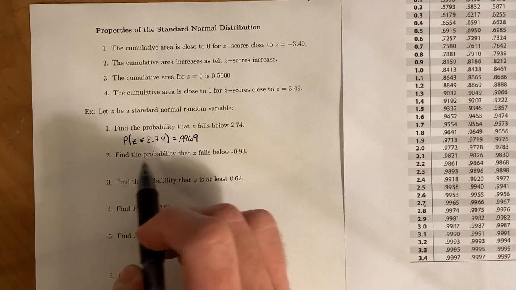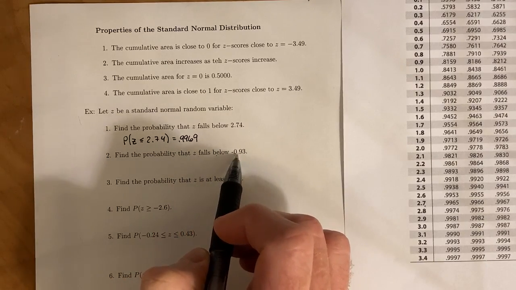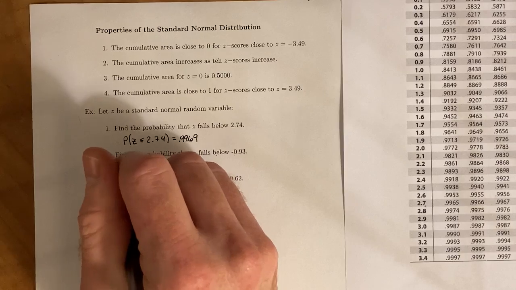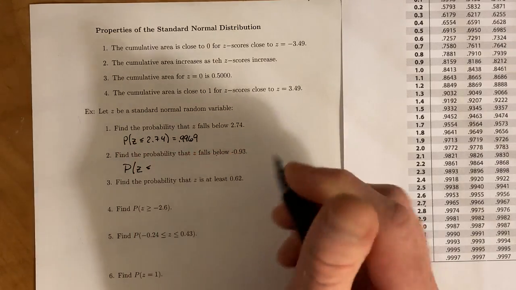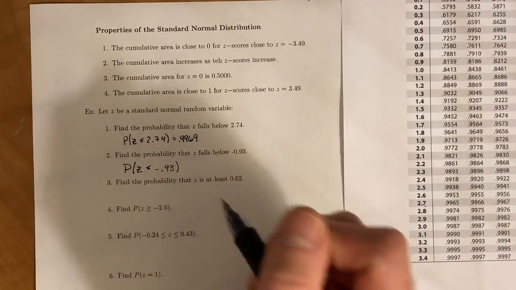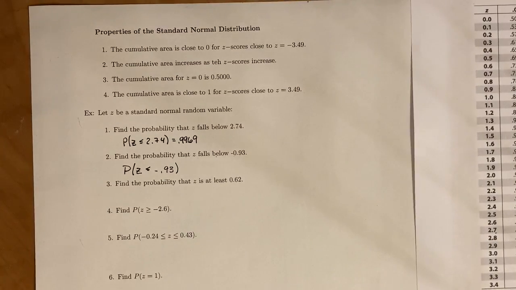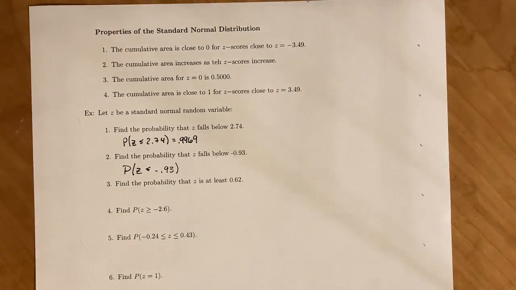Next, we're asked to find the probability that z falls below negative 0.93. So again, we're looking for the probability that z is below negative 0.93. And for this, we have to move to the negative chart.